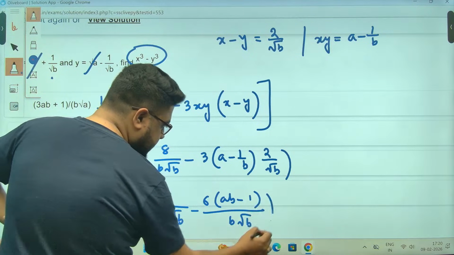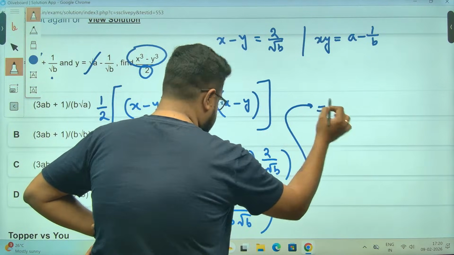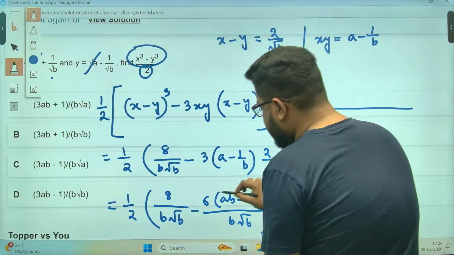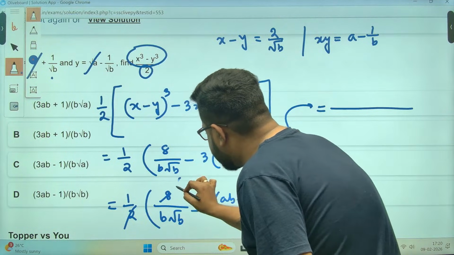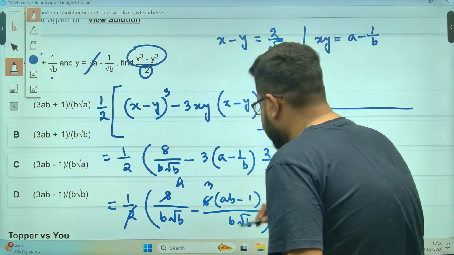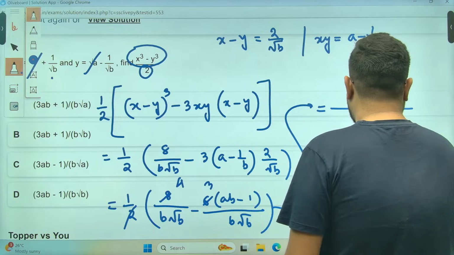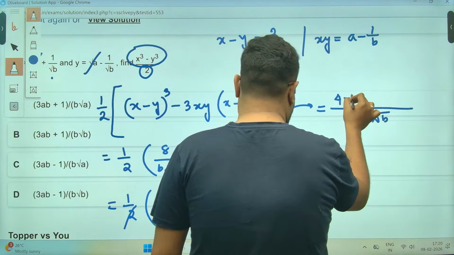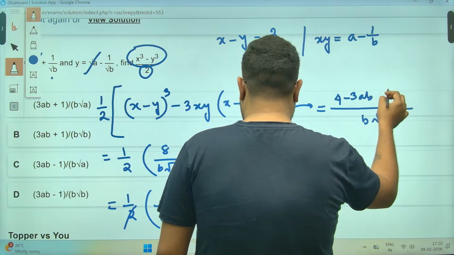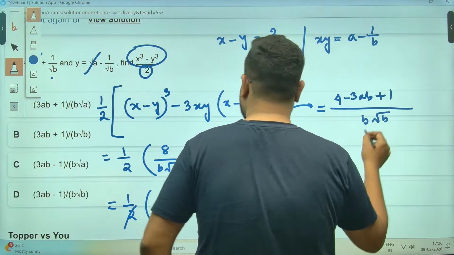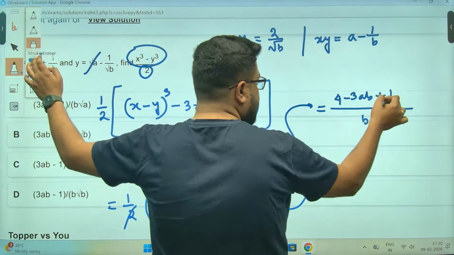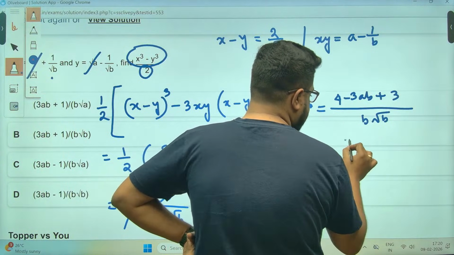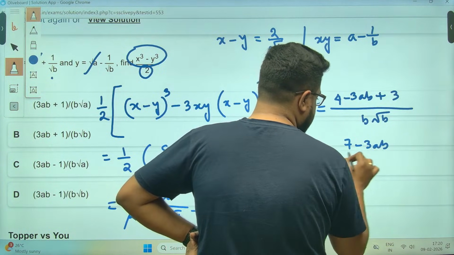Now I can calculate over here. B root b is the LCM and this 2, this 2, I can cancel. This will become 4. This will become 3. So b root b is the LCM. I will get 4 minus 3AB plus 3, sir. 7 minus 3AB by b root b.